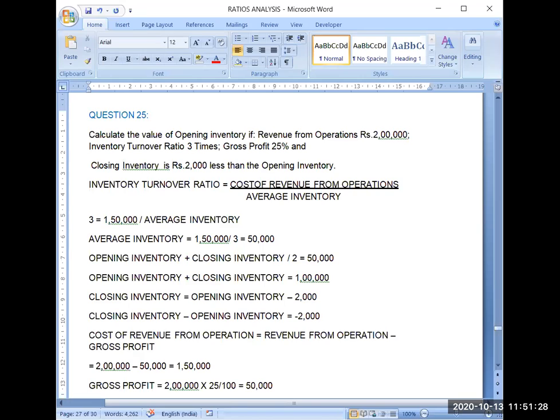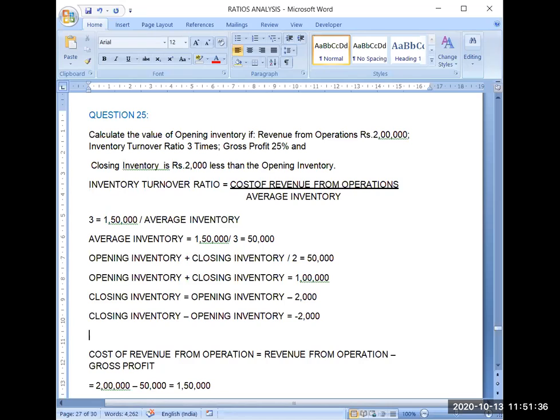So now if I want to remove this minus form from here, the equation will be opening inventory minus closing inventory is equal to 2,000. This will be the equation. So now I have another equation. I will put them in color so that you will be able to identify them. One equation is this.